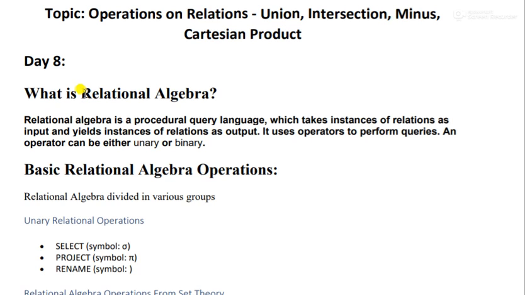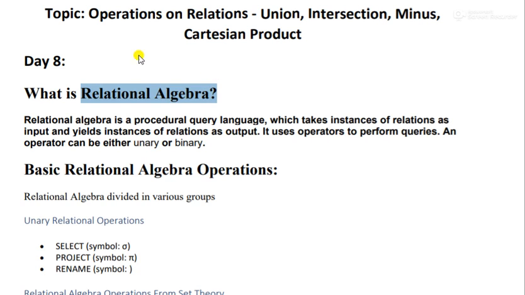So first of all, what is relational algebra? See, basically in relational algebra, we set relations between two tables, and then we give some input, we give some conditions, and on the basis of that we get some outputs.